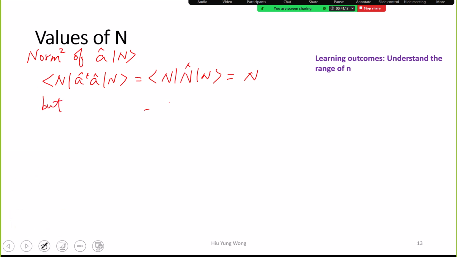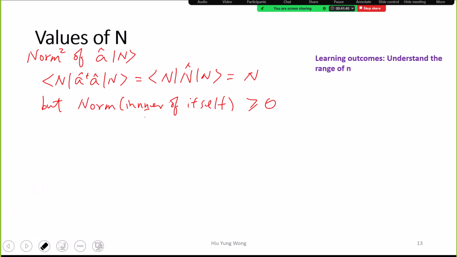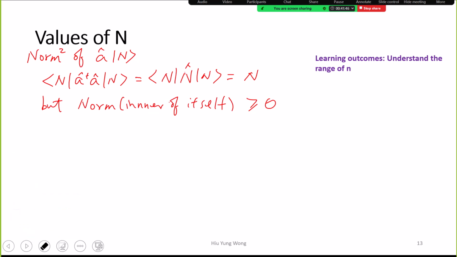But the norm, or the inner product of a state with itself, must be larger than or equal to 0. Why do we have this? Remember why I say that? Because this was the definition of inner product.